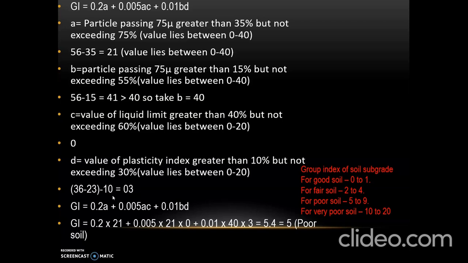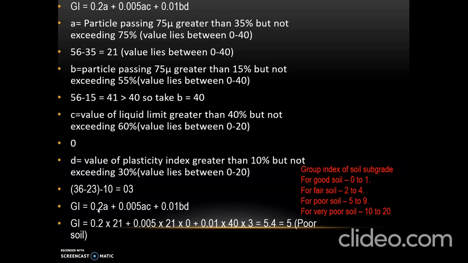So now we have got all the values to be substituted in the formula to find GI, that is A, B, C and D. So we will substitute values of A. A is 21.